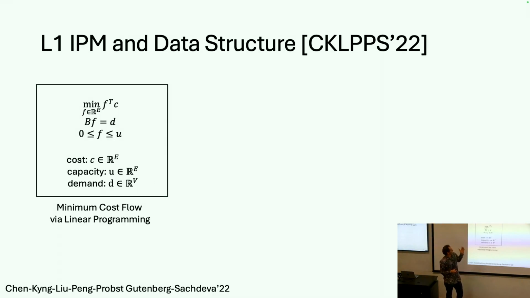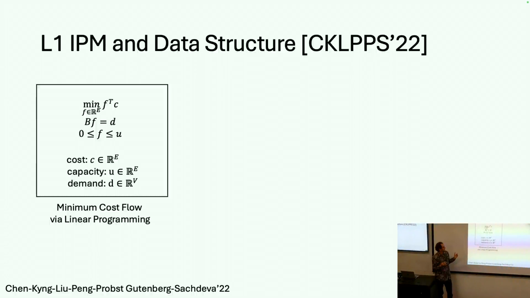So the starting point is really this maximum flow algorithm by Chen, King, Liu, Peng, Probst Gutenberg, and Sachdeva, which is the only algorithm for maximum flow that runs in roughly linear time. And min-cost flow is in some ways strictly harder than maximum flow, so you better start with something that can solve maximum flow fast.